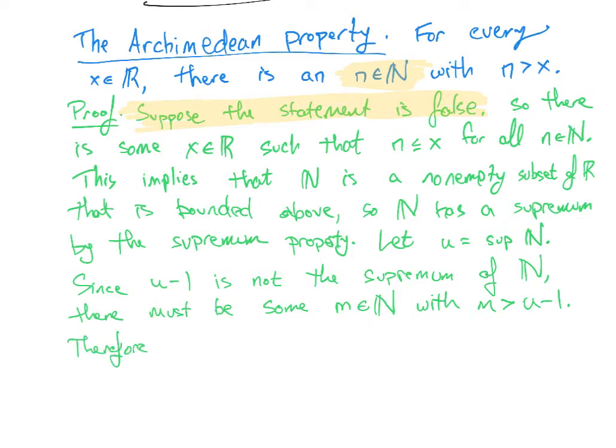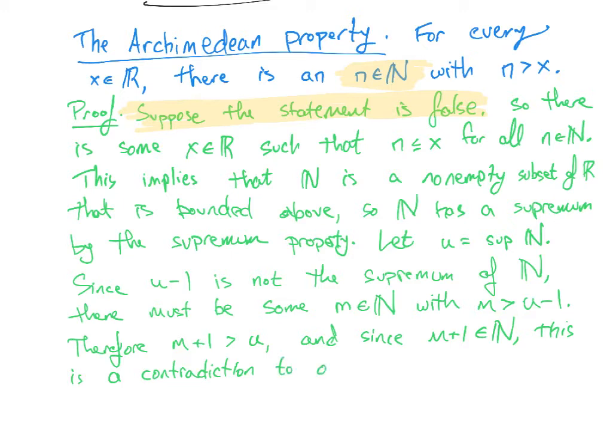Therefore, m plus 1 is greater than u, and since n plus 1 is a natural number, this is a contradiction to our assumption that u is the supremum of the natural numbers. And this contradiction finishes the proof.